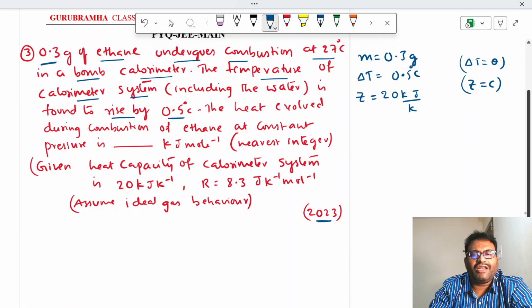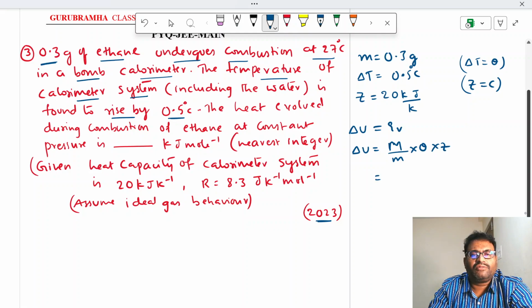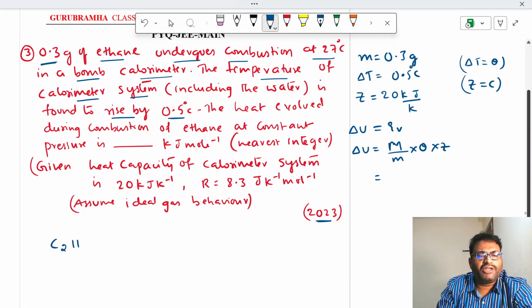So you can calculate delta U here. Delta U is nothing but QV. We derived a formula: delta U is equal to capital M by small m into theta into Z. What is the molar mass of ethane? Ethane, C2H6, on combustion gives CO2 plus H2O.